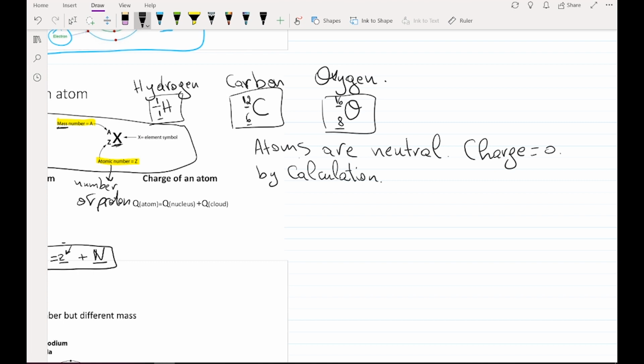لنرجع لعند ال particles. So atom is formed of particles. So charge of an atom total هي ال charge of nucleus plus charge of cloud. هلا ناخد كل وحدة على جنب.